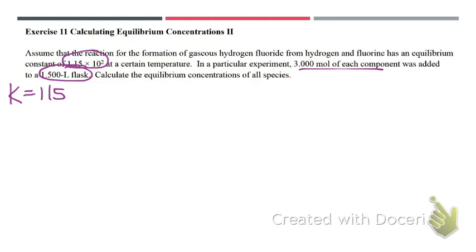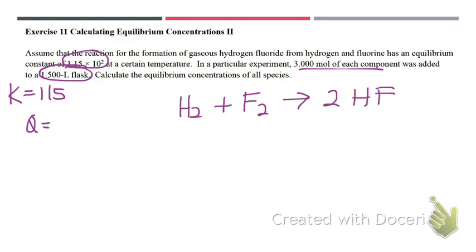Before I start working it on the paper, let's calculate Q real quick. If I have the equation H2 plus F2 yields 2HF, and I got 3, 3, and 3, then for Q, because of that 2, I'm going to have HF squared over H2 F2.